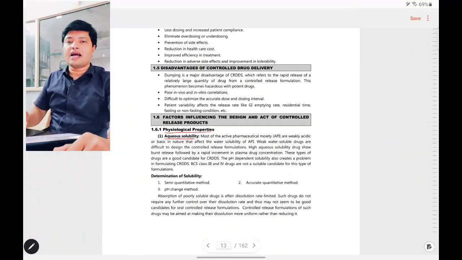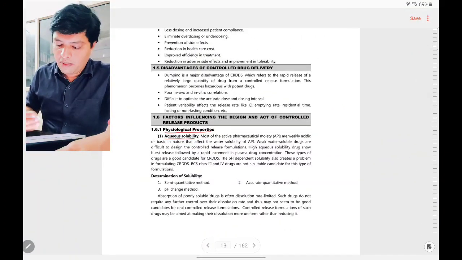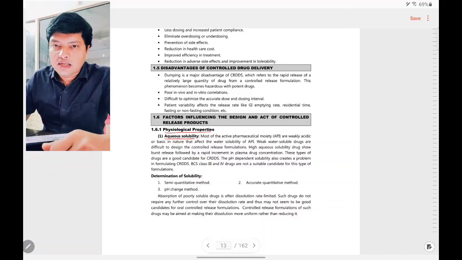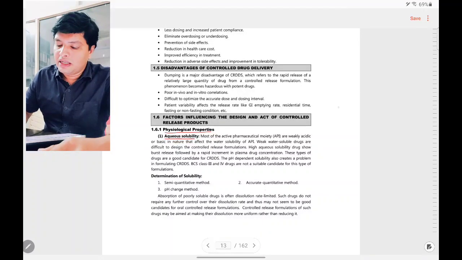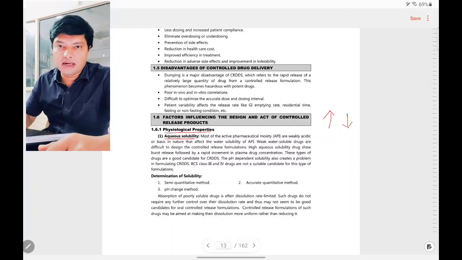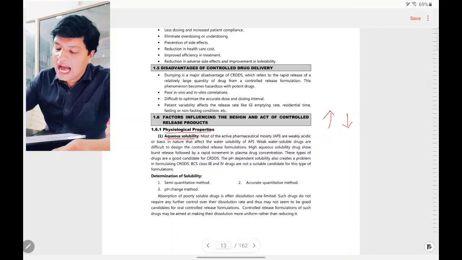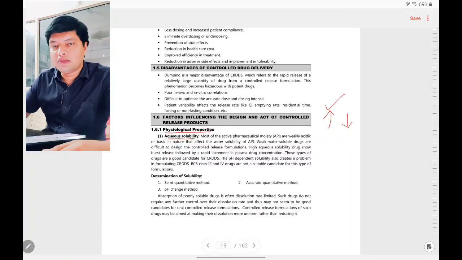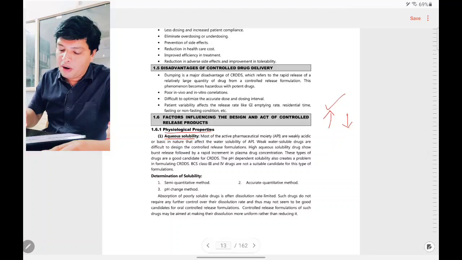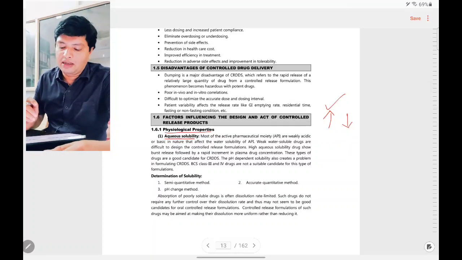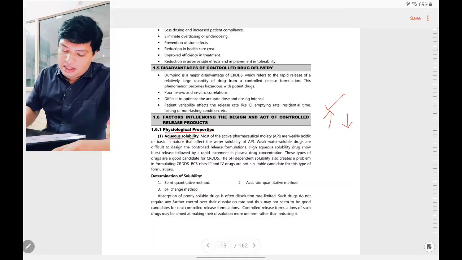Okay, so the first factor in physiological properties is aqueous solubility. If your drug has aqueous solubility at the two extremes, it is not recommended. Two extremes means, if the drug has high solubility, there will be a problem of dose dumping.